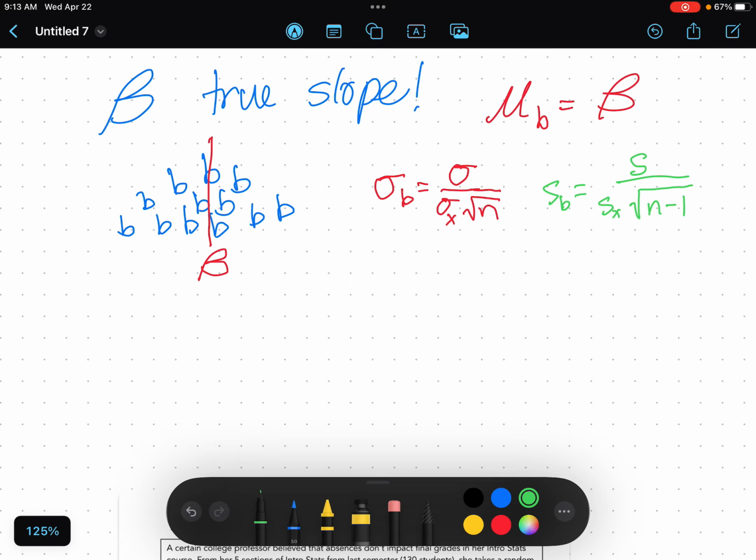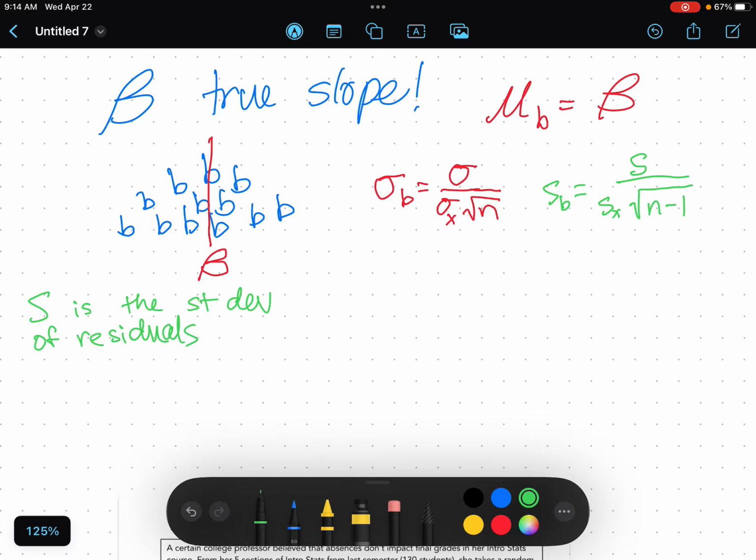We have not talked about s very much, so this is a good opportunity to talk about what s is. s is the standard deviation of residuals, right?